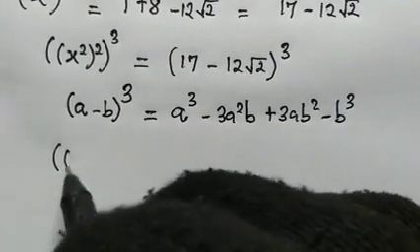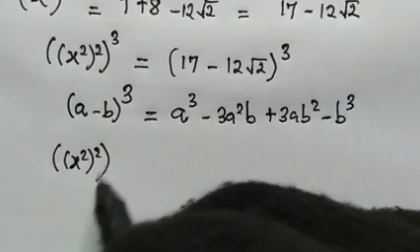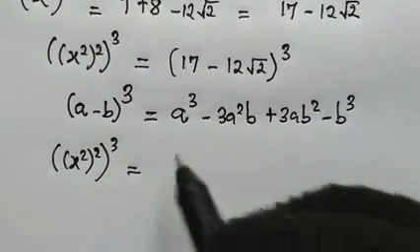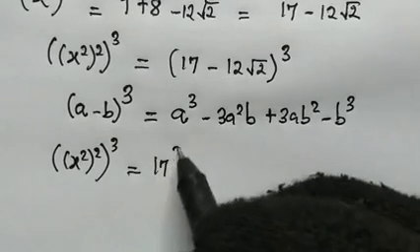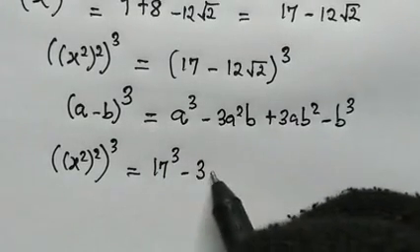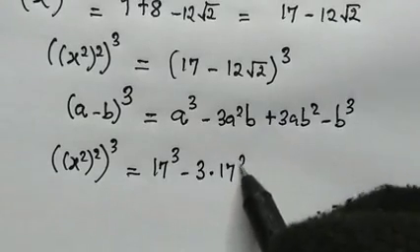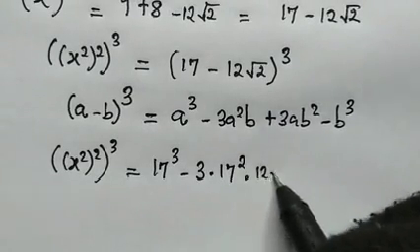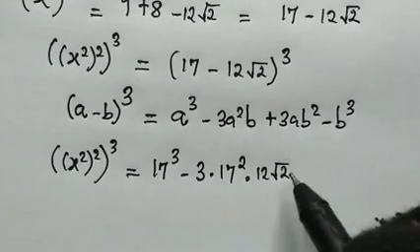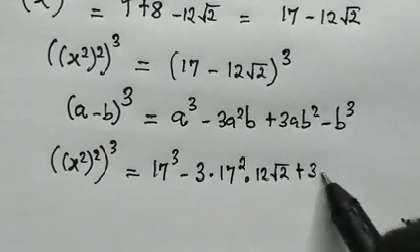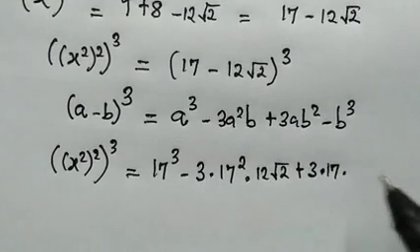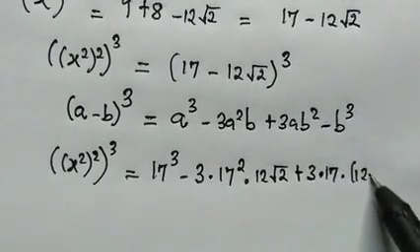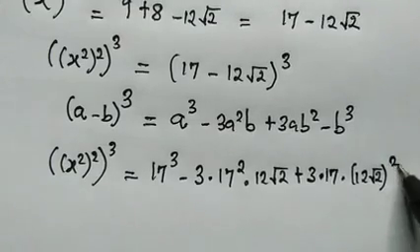So from here, the square of x squared when it is cubed is equal to 17 cubed minus 3 multiplied by 17 squared multiplied by 12 root 2. We're following this identity, then plus 3 times 17 multiplied by 12 root 2 squared.